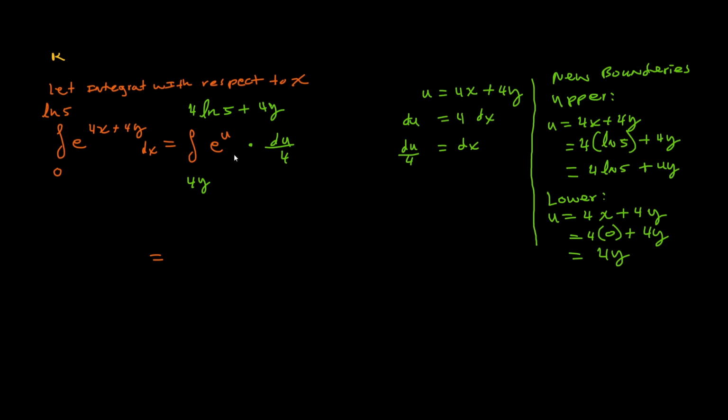the integral of e to the u is e to the u. And since we have 1/4, we could bring it to the outside, but we could just multiply right now since the integral is itself. So e to the u times 1/4.